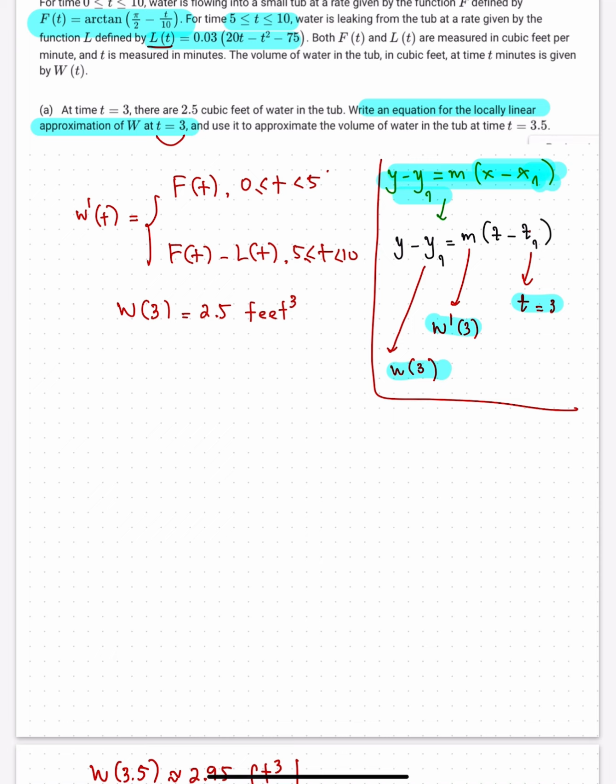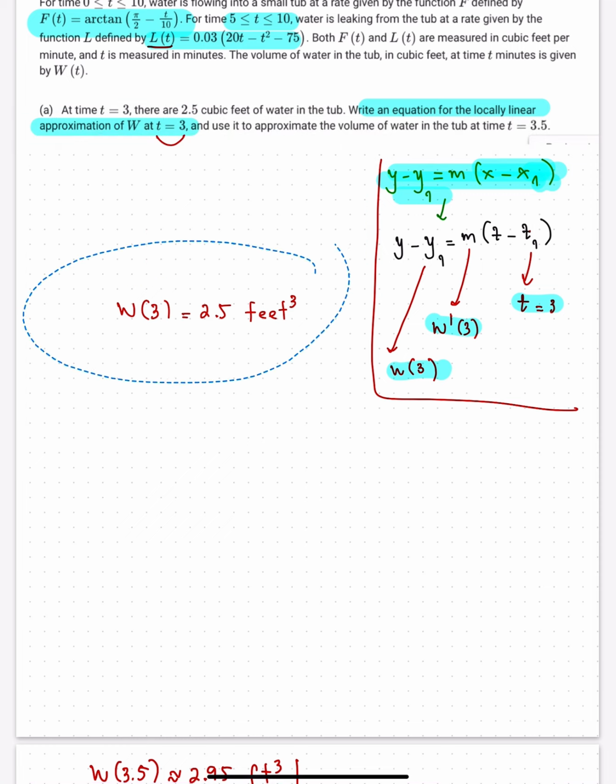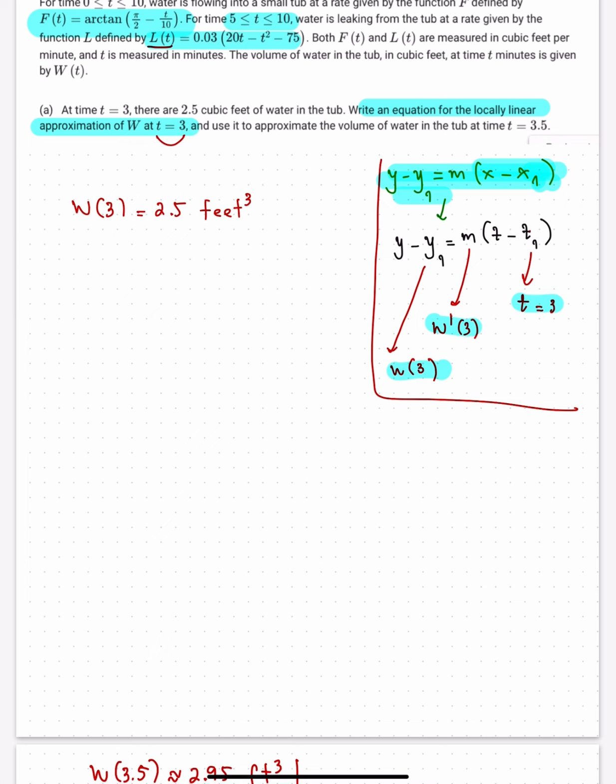So the equation is y minus y1 equals m times t minus t1, where y1 equals w of 3, which is 2.5 cubic feet, and m equals w prime of 3, right?